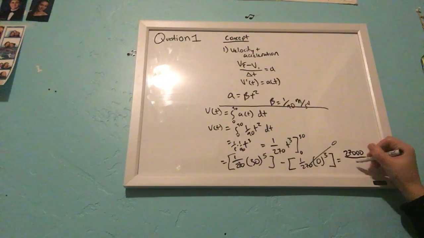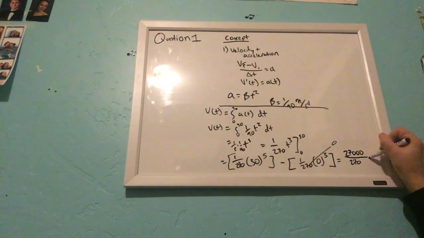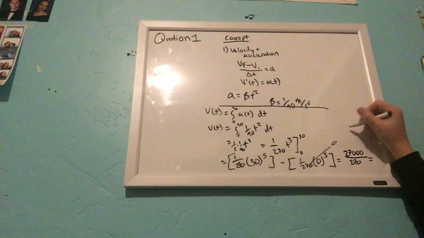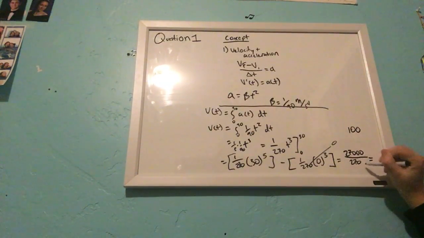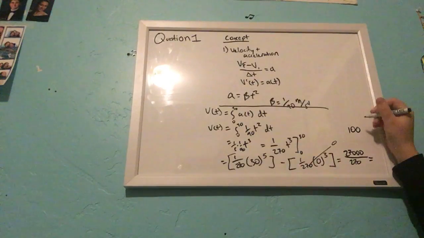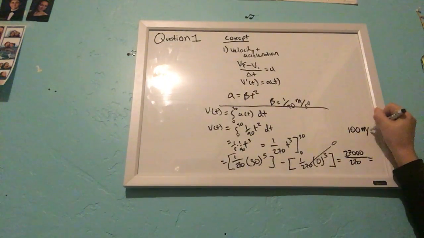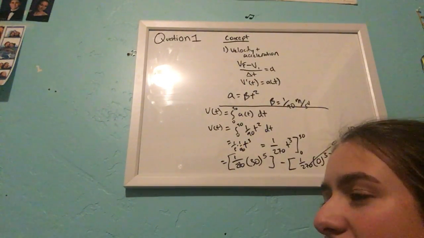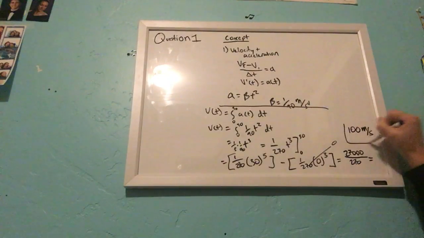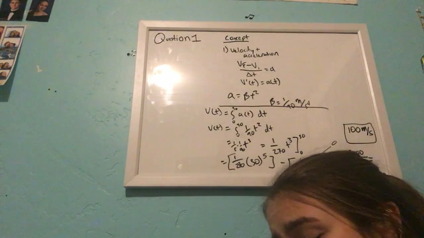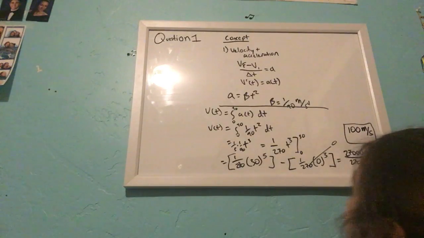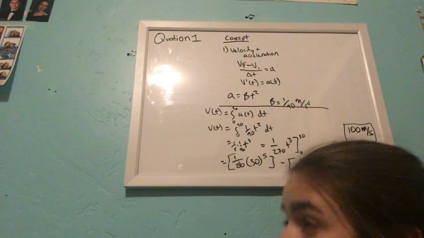And then over 270, that is going to be 100, because this divided by this is 100. And it's meters per second because we're finding velocity, and that's the unit for velocity. Okay, so the final answer to this question is C, 100 meters per second.